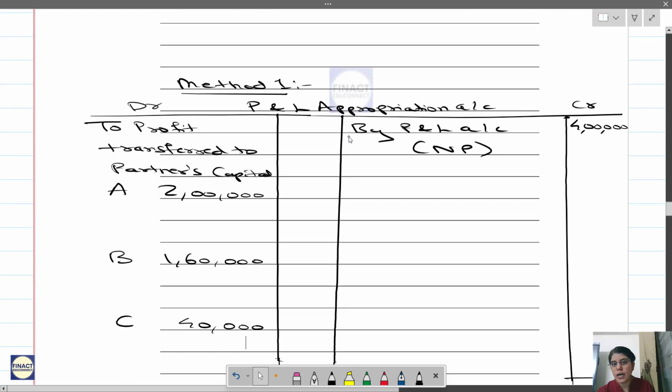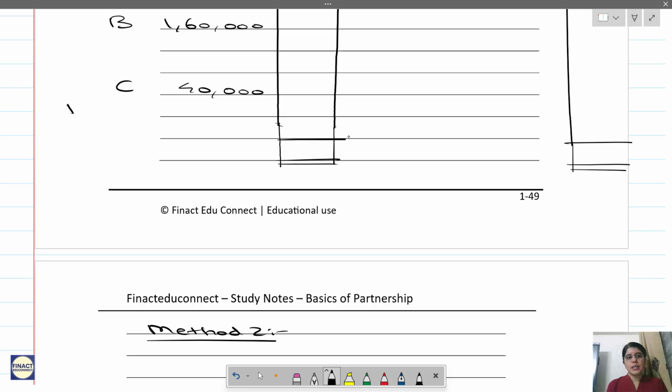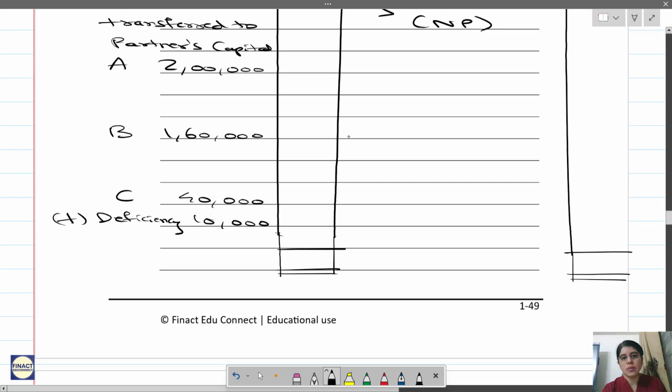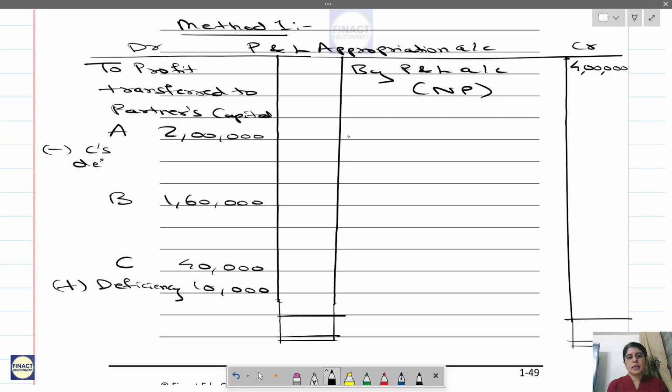C got 10,000 in total. So in C's column we will write add deficiency 10,000 because C is getting 10,000. From whom? From A and B. So less C's deficiency 5,000. Whenever you are reducing, write it in brackets, otherwise you will make a calculation error.